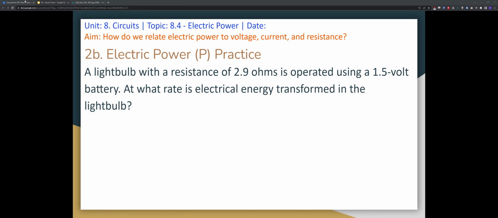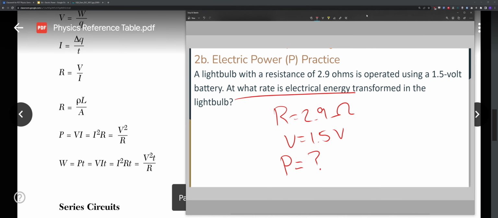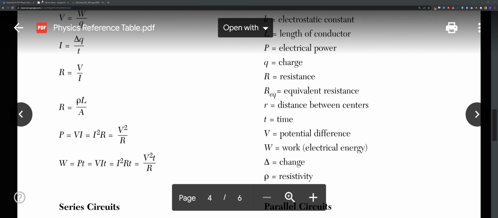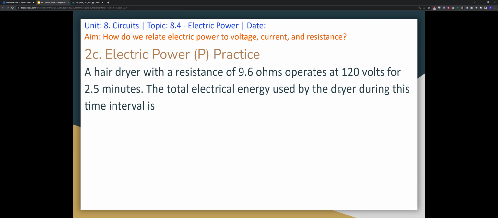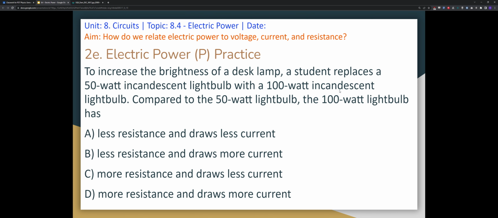They're looking for electric power. And so the only formula that has P, V, and R is P is equal to V squared over R. And so B, C, and D are really the same type of questions, right? So you guys can do that yourself. But let's take a look at this.